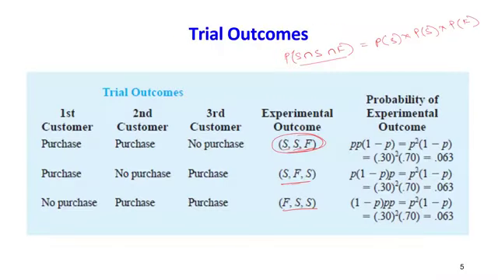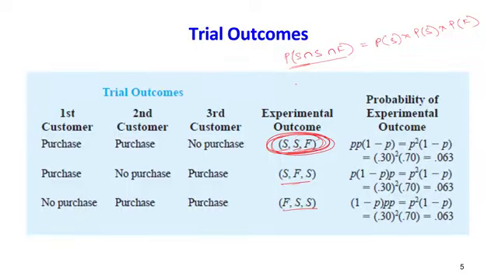So what I will do is come up with all those outcomes where 2 people have made the purchase. First one making a purchase, second one making a purchase, and third one not making a purchase. Now collectively I have to calculate the probability. For that, I will go with the law of multiplication, which calculates the joint probability.